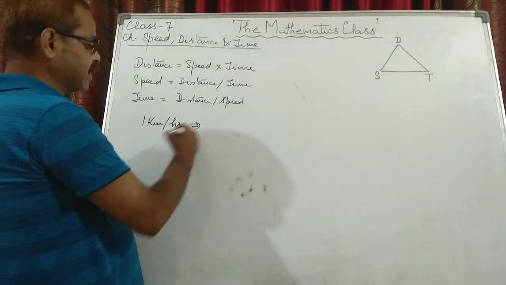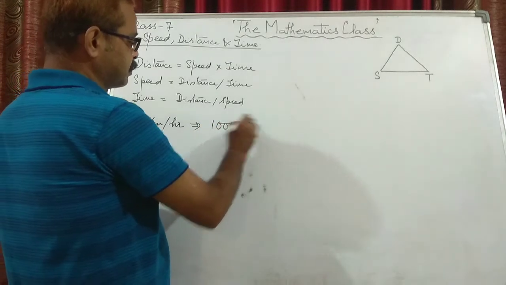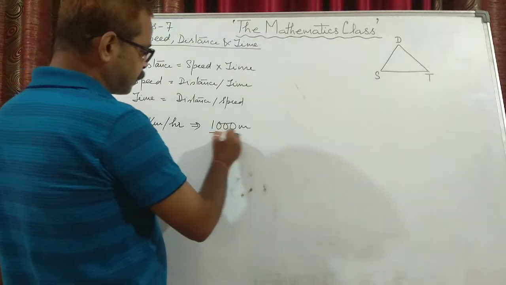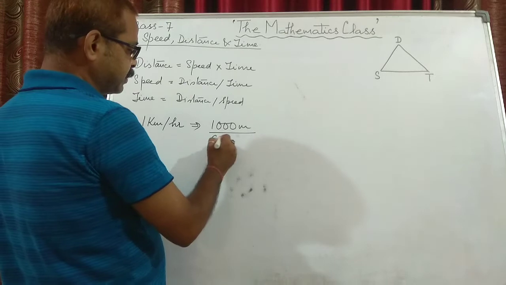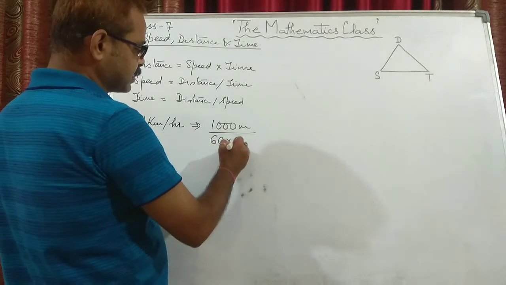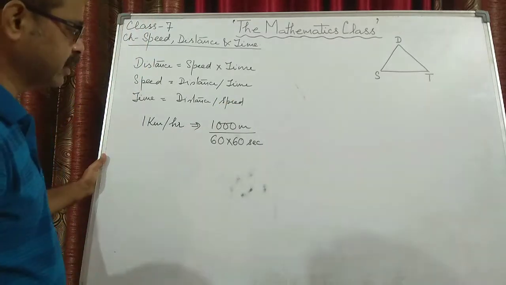So we know that 1 kilometer is how many meters? 1000 meters. Per hour means upon hour. 1 hour is how many minutes? 60 minutes. And 1 minute how many seconds? 60 seconds. So now it has been converted to meter per second.